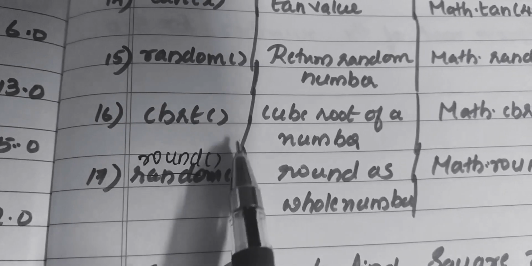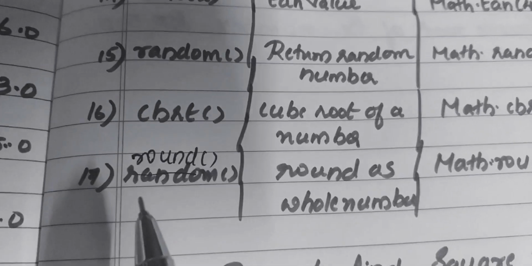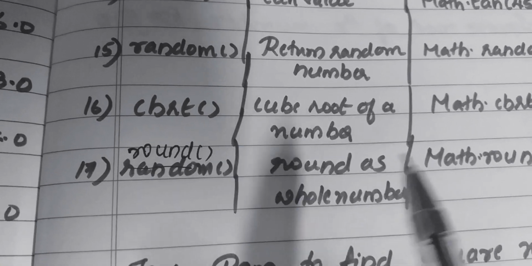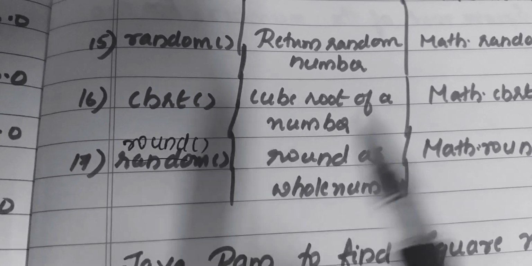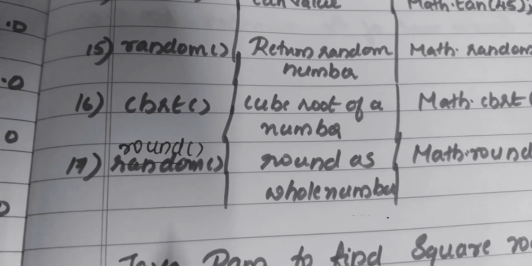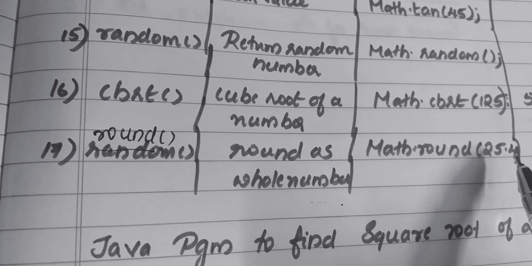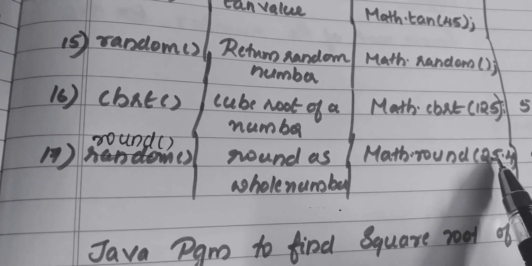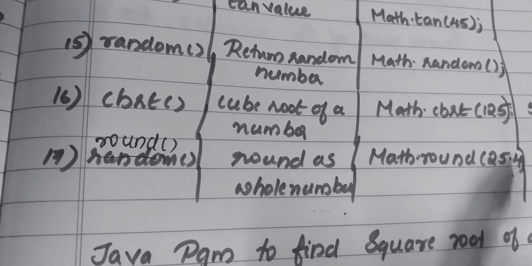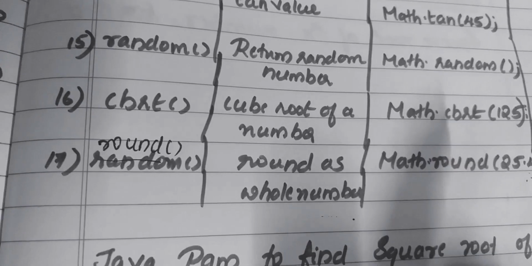The next math function is round. This is similar to the rint function, but there is a minute variation: here we round the value to a whole number. Math.round(25.4). What is the output? Normally, 25 is the result. We are not writing 25.0.